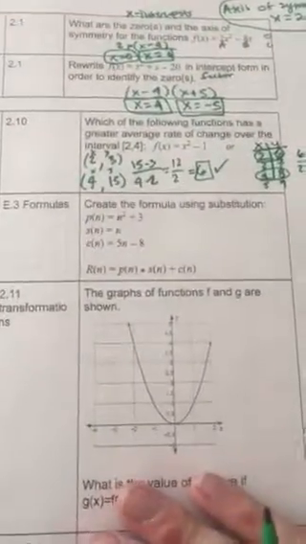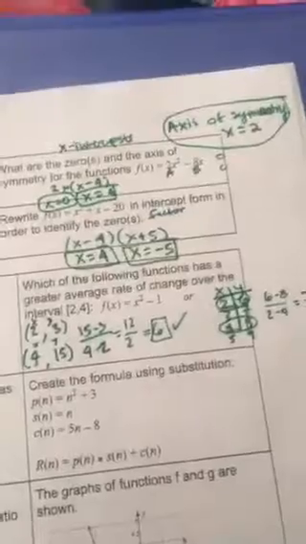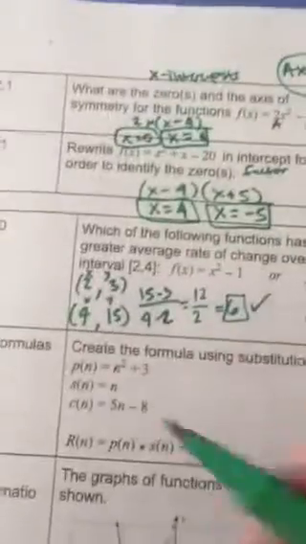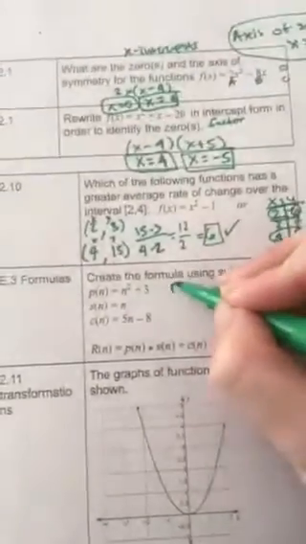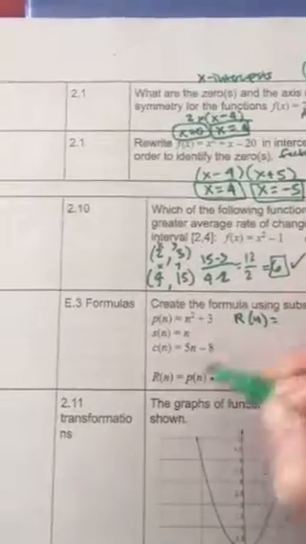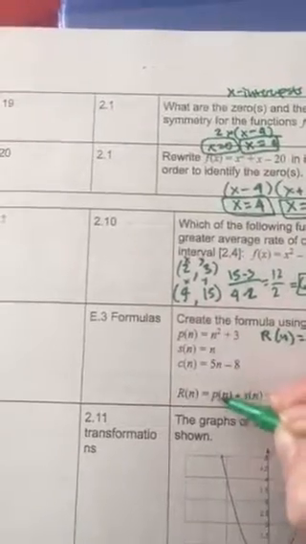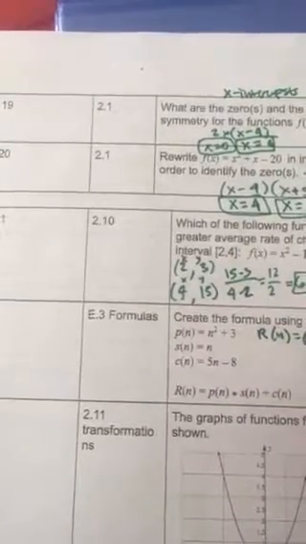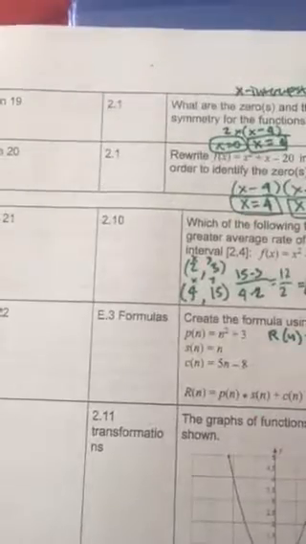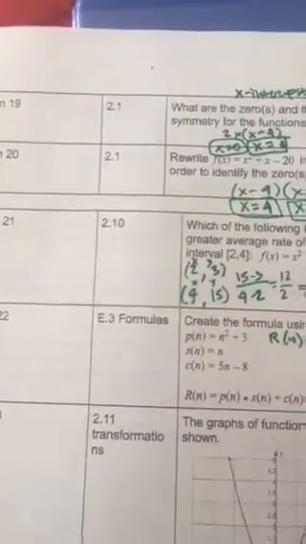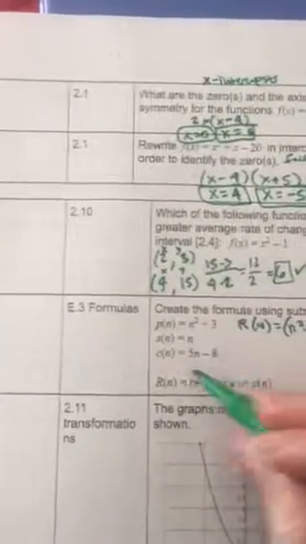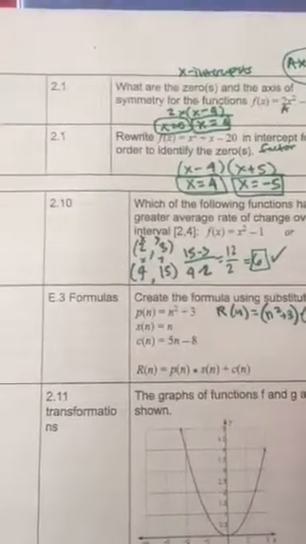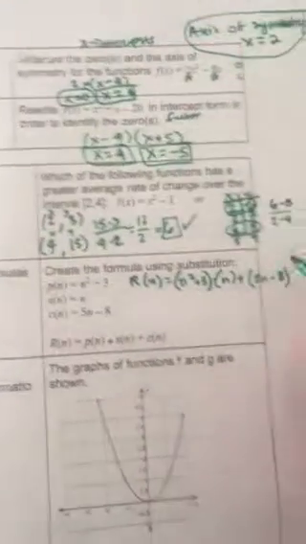Create a formula using substitution. So I'm going to plug in all of these values into its place so that Rn is equal to, I plug in Pn, which is n squared plus 3, times Sn, which is n, plus Cn, which is 5n minus 8. And I simplify it.